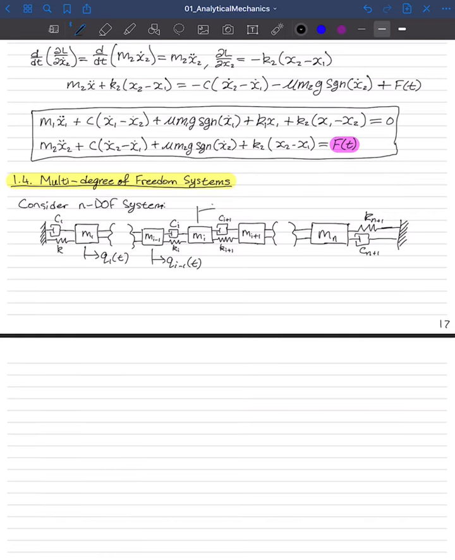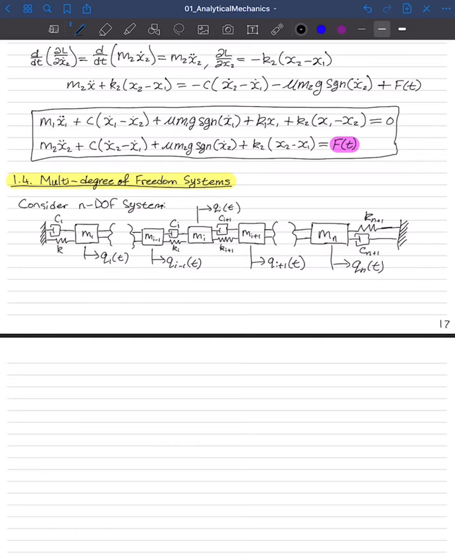This one will be qi of t. And then this will be qi plus 1 of t. And then lastly we have q sub n of t.